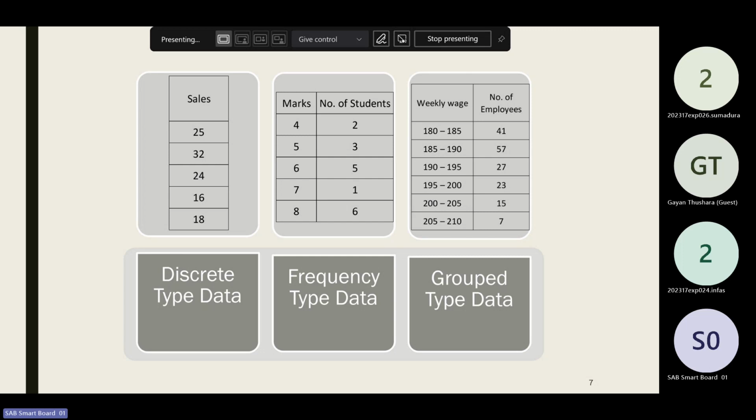Okay. The three types of data. According to the way the data set is presented, we can classify the data into three types: discrete, frequency, and group.